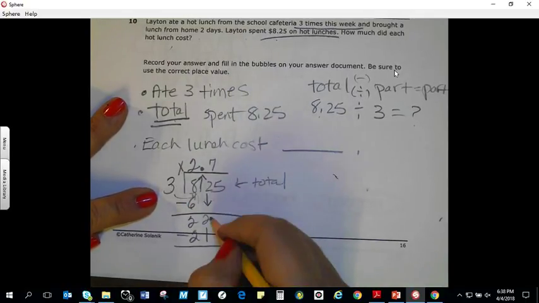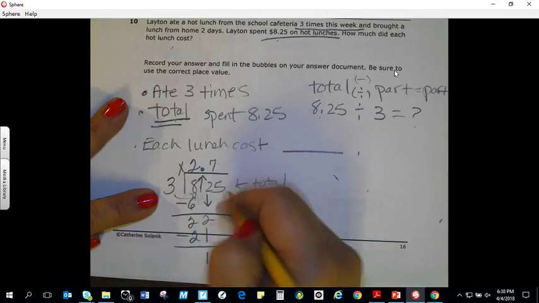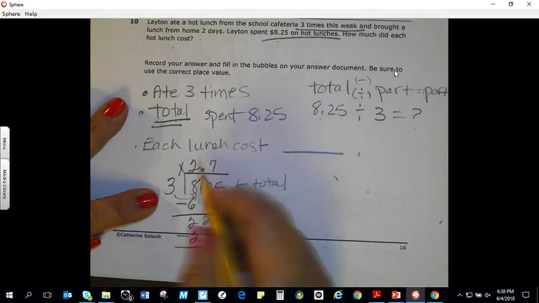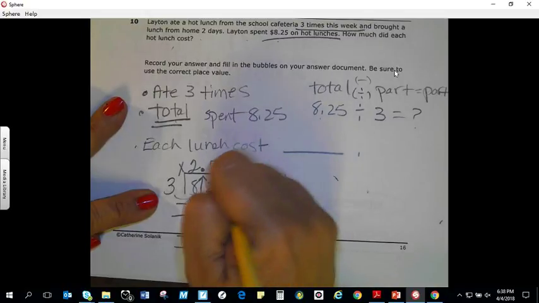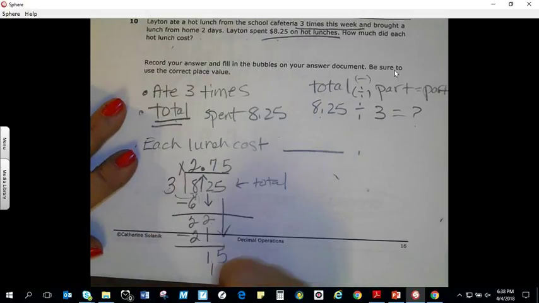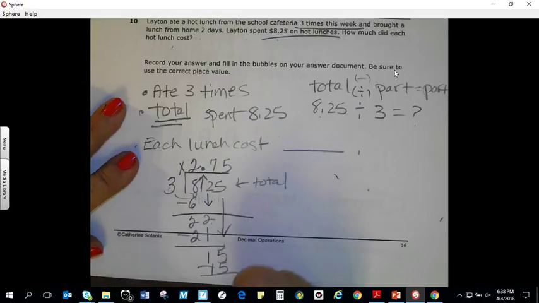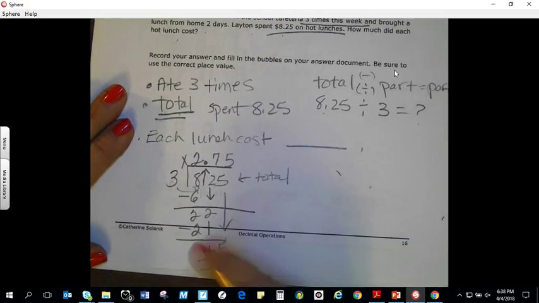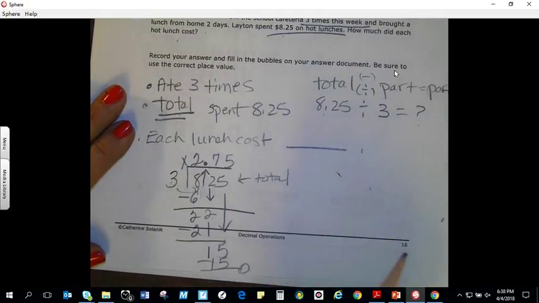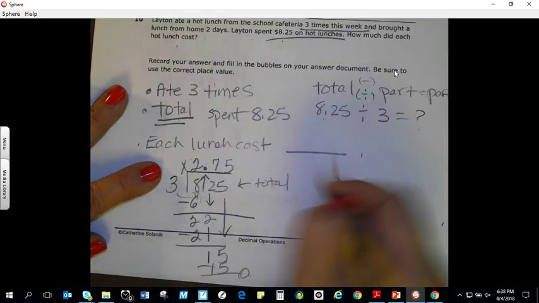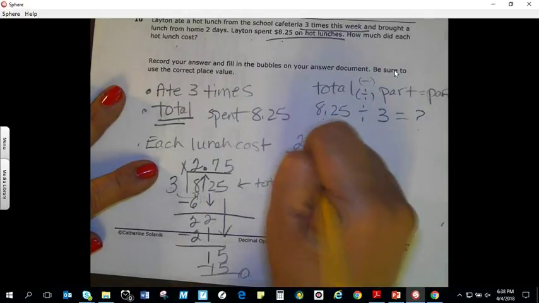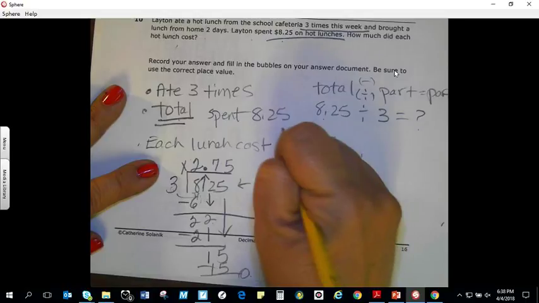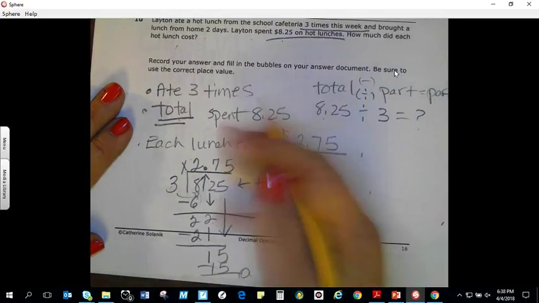Subtract that out. 2 minus 1 is 1. Bring down my 5. 3 goes into 15 5 times, because 5 times 3 equals 15. And I have 0 left over. It's nothing left over. So each meal costs $2.75. Okay, and that's your final answer.